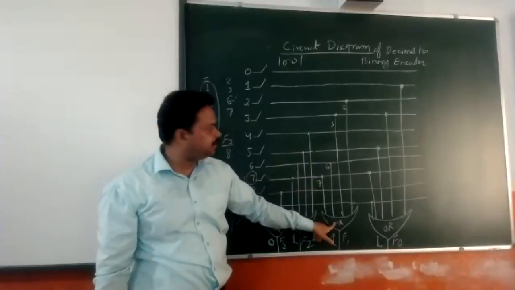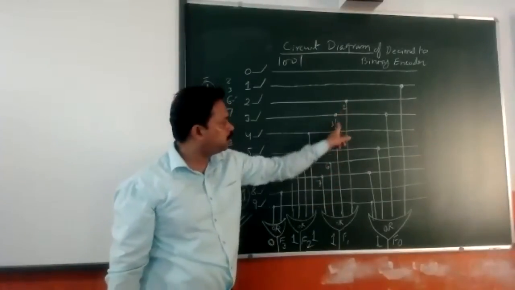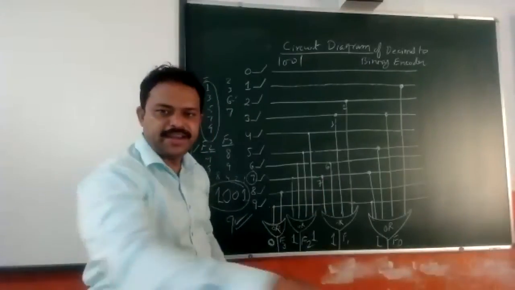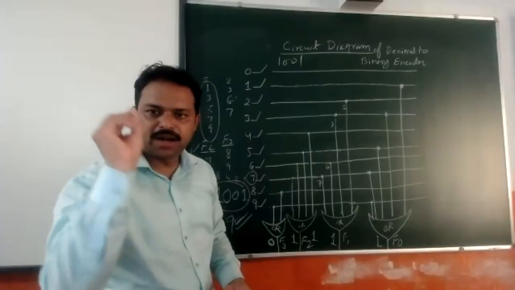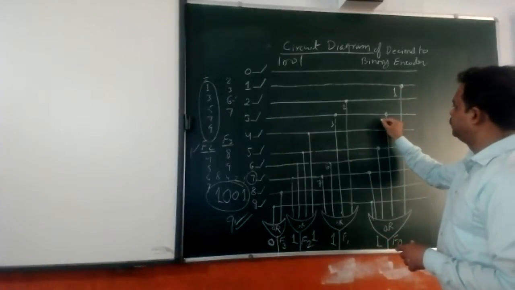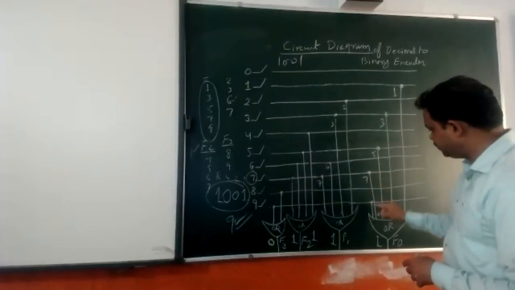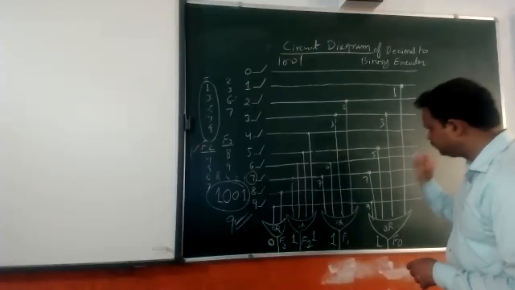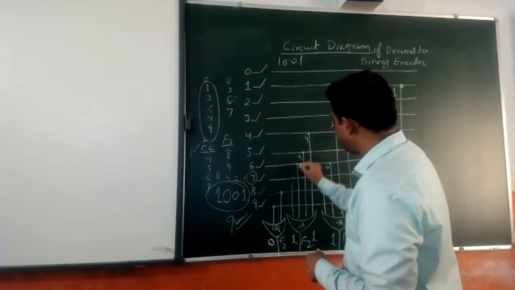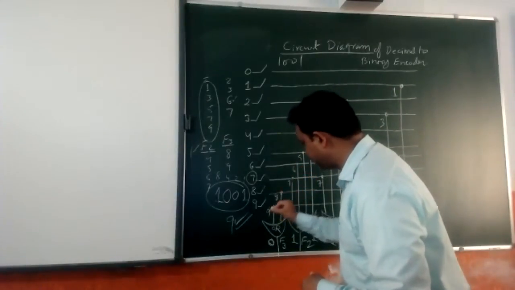This gate will be connected with 2, 3, 6, 7. If you have any confusion, you had better write down their numeric values. This is your 1. This is your 3. This is your 5. This is your 7. This is your 9. This is your 4, 5, 6, 7, and this is your 8 and 9.